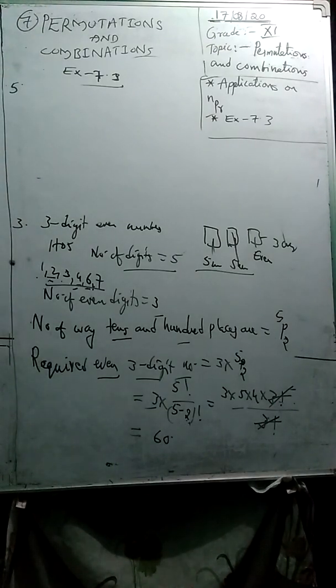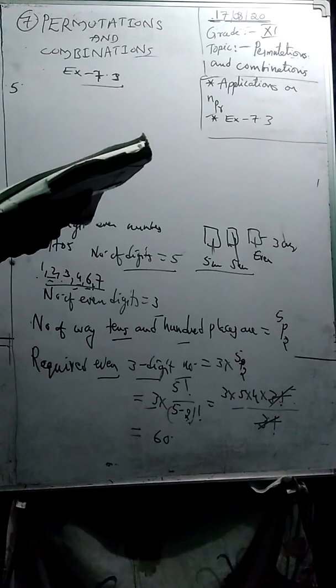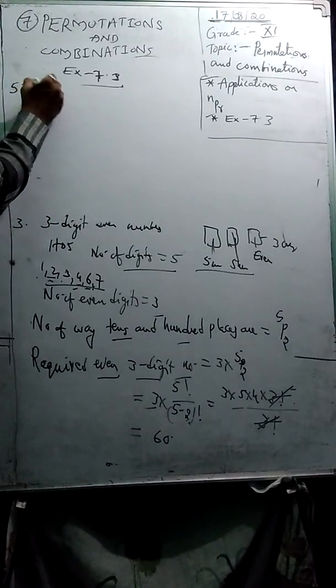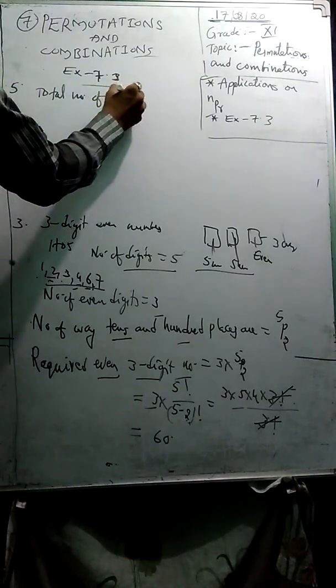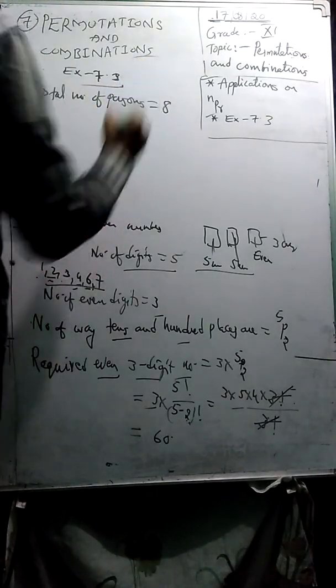So the fifth question is given: from a committee of 8 persons, the total number of persons is 8.